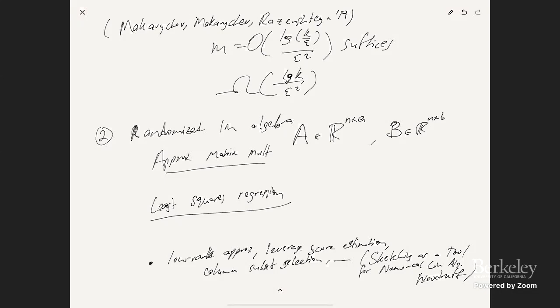And I want A transpose B. So naively, this would take time which is like A times B times N. But instead what I do is I compute pi A, and I compute pi B, and I compute pi A transpose pi B. Right. And I would like to argue that that is close to A transpose B.